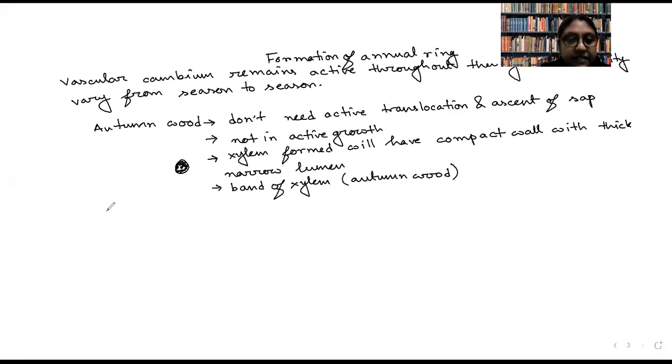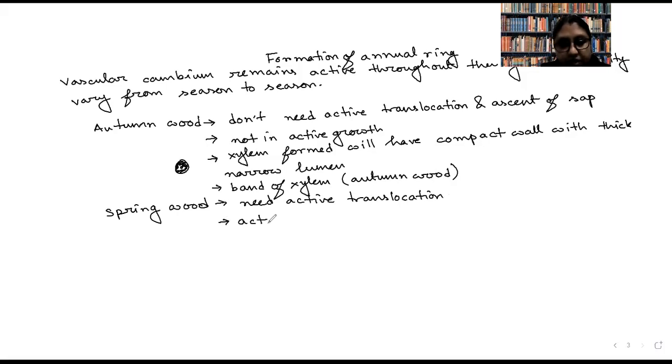Now in the spring season, when does spring come? It is after the winter season. So they need active translocation at that time. At that time, cells will be actively growing.